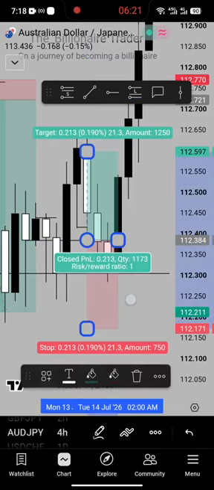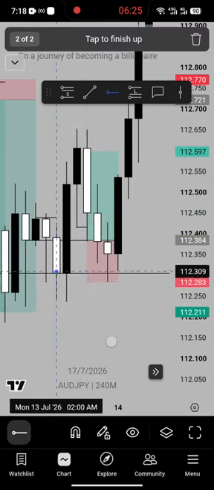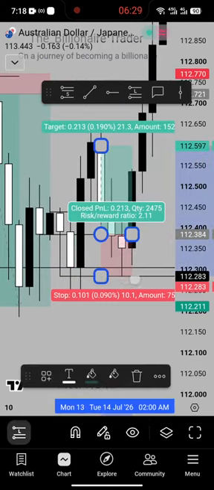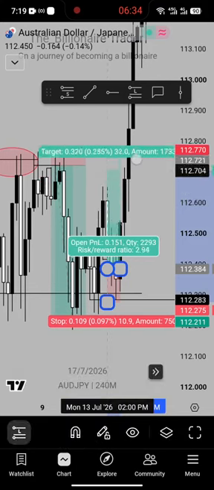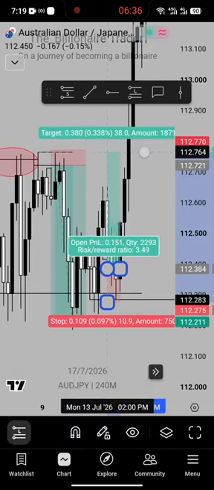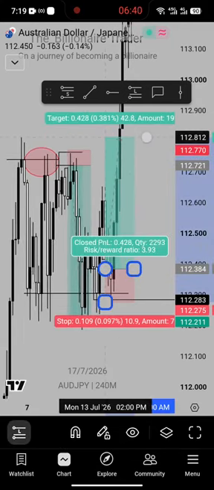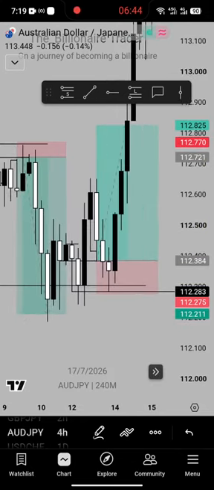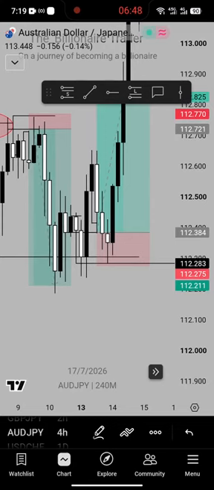Your stop loss is just below this particular candle. Then you target the external range liquidity. This is 3 RR, 4 RR. But if you want to refine further, let me explain this.